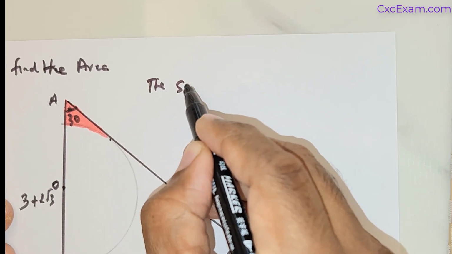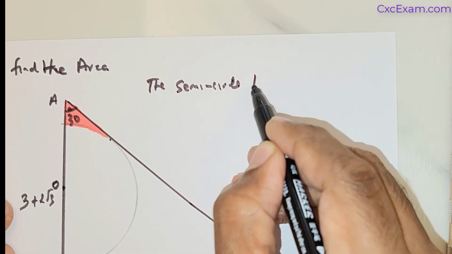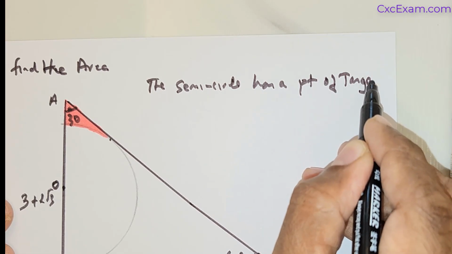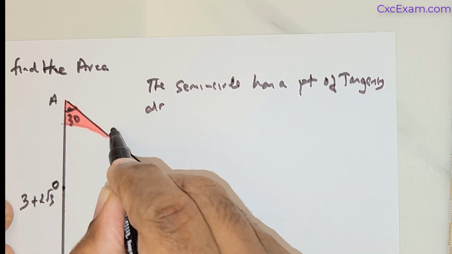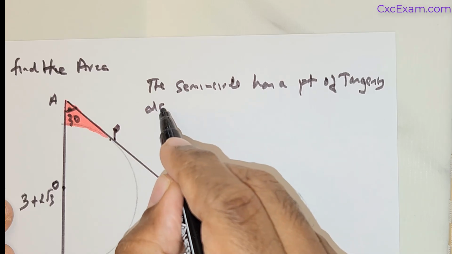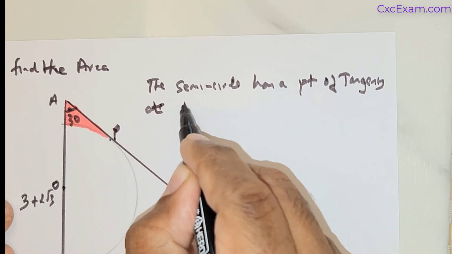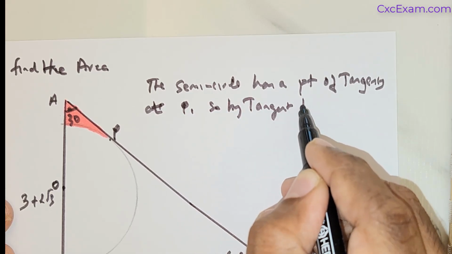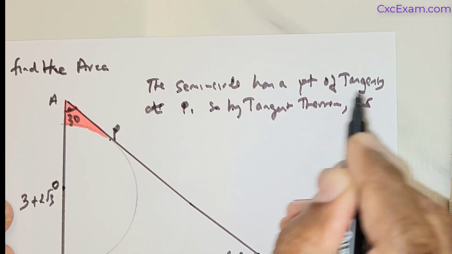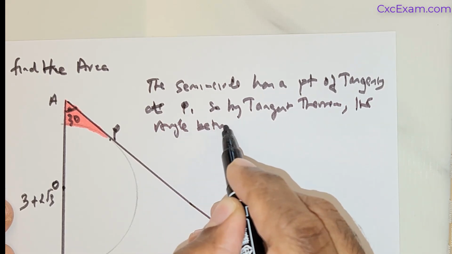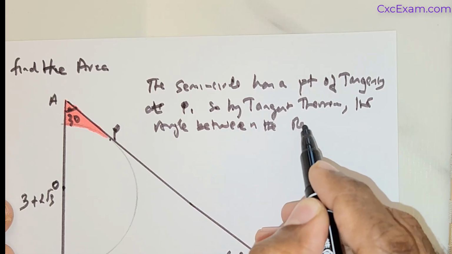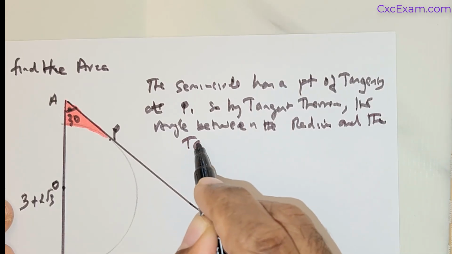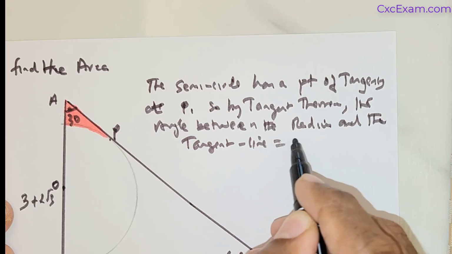The semicircle has a point of tangency at, say, I will mention it at P. At P, by tangent theorem, the angle between the radius and the tangent line is 90 degrees.